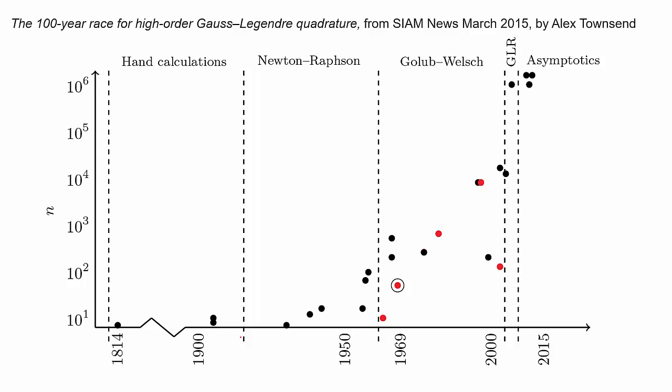If you have a smooth function, there are very good interpolation schemes for smooth functions. So if accuracy is important to you, I would go for interpolation first and then use Gauss quadrature.